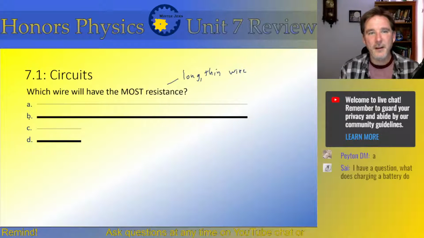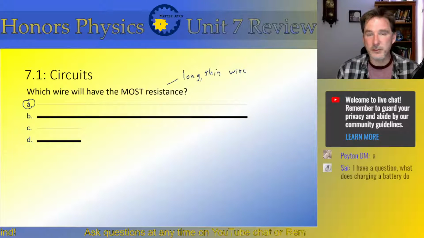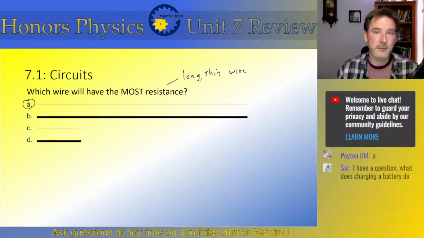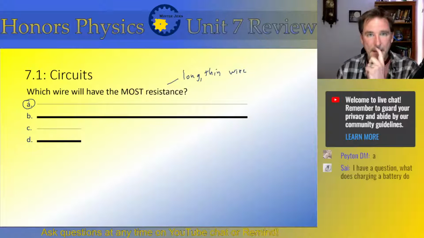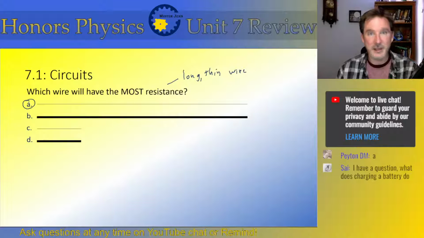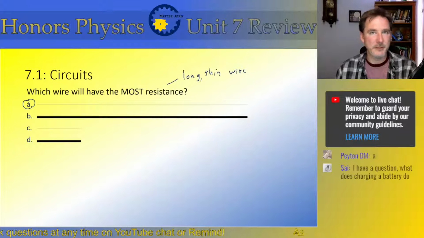So that means letter A is going to have the most resistance because it's longer and thinner than the others. B is longer, but it's thicker, so it's going to have a little bit less resistance than A. C and D are both short, so they're going to have less resistance.